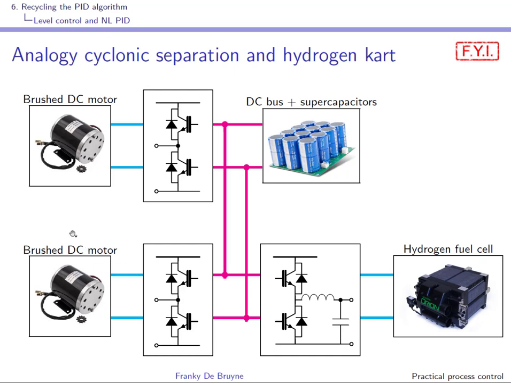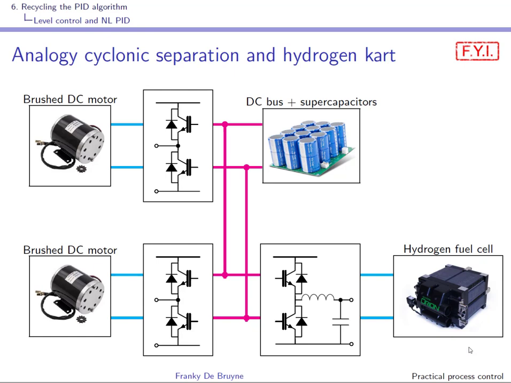The stock flow demand from production will be replaced by a current demand to the DC motors. The level control, using the stock flow coming from the stock preparation and that goes through this cyclonic separation, is now replaced by a DC bus voltage control using the current coming from a hydrogen fuel cell.